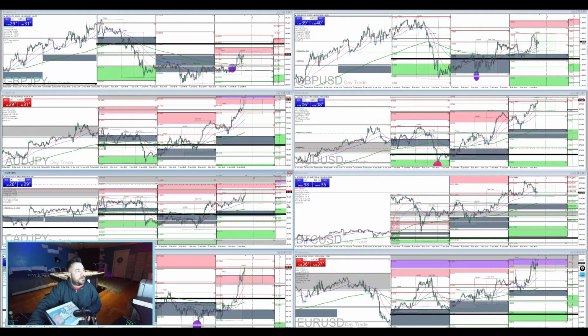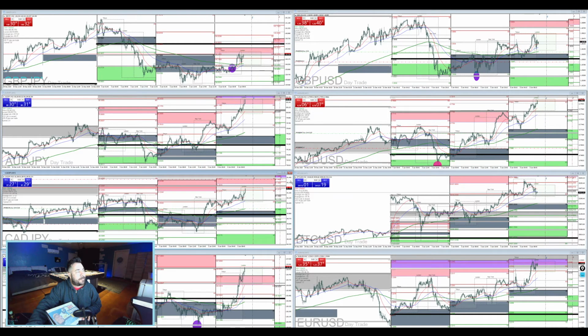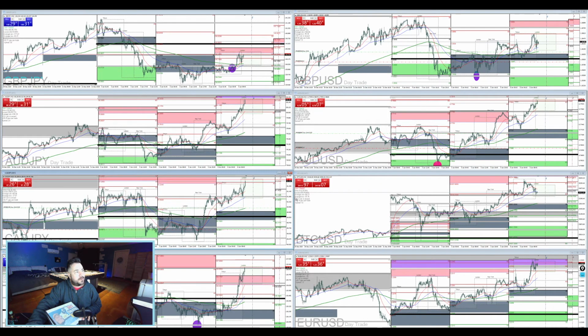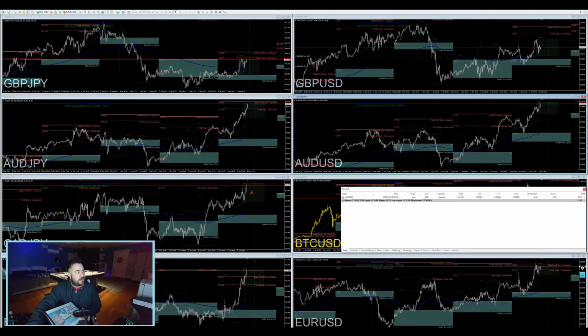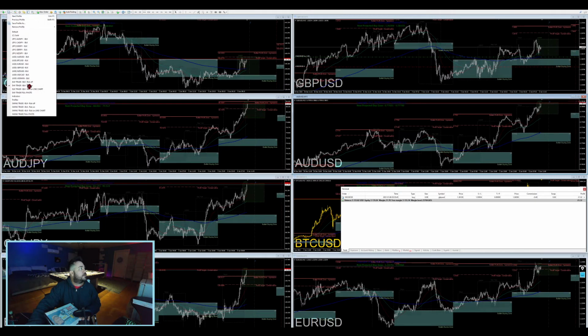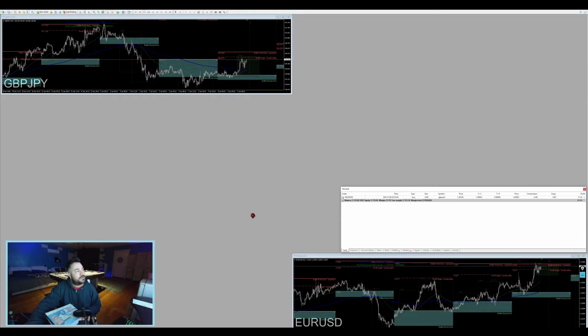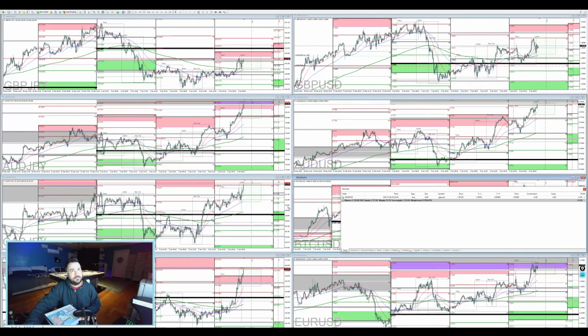Yeah, we're getting there. I need to place an alert on the CAD yen. Let's go to full pivots here too. Okay, so we already reached it.